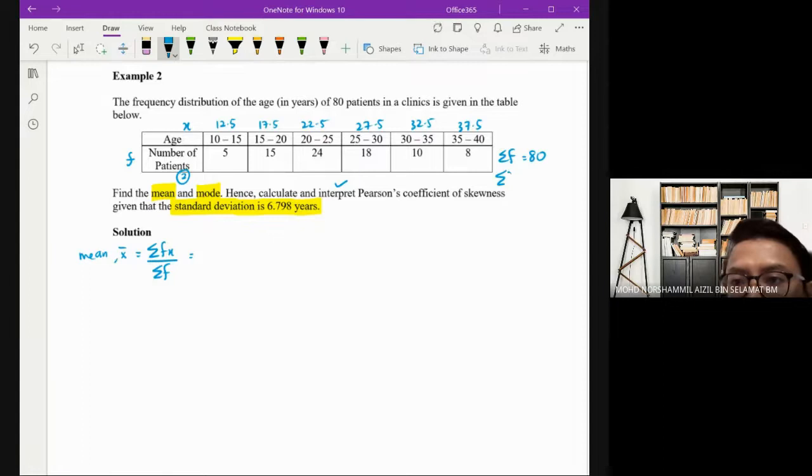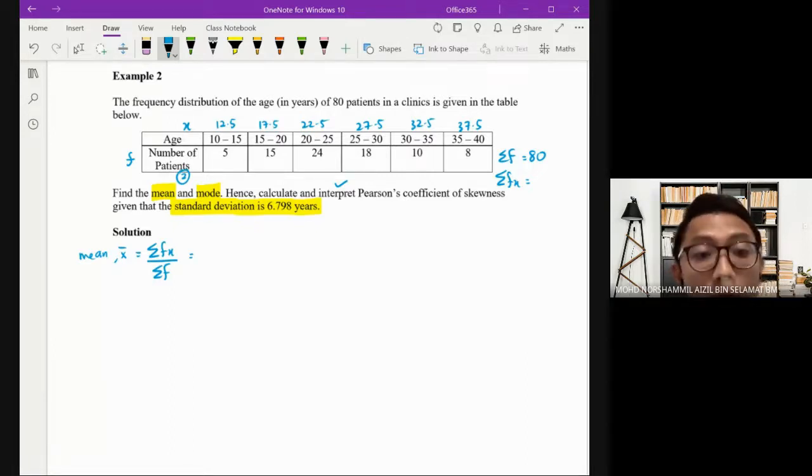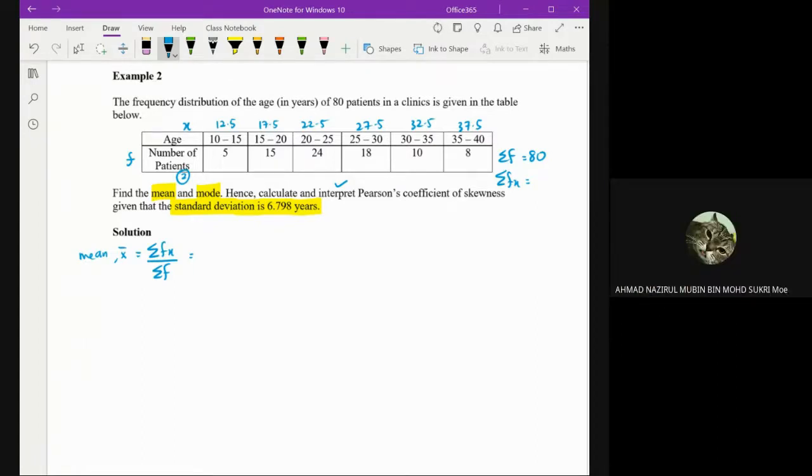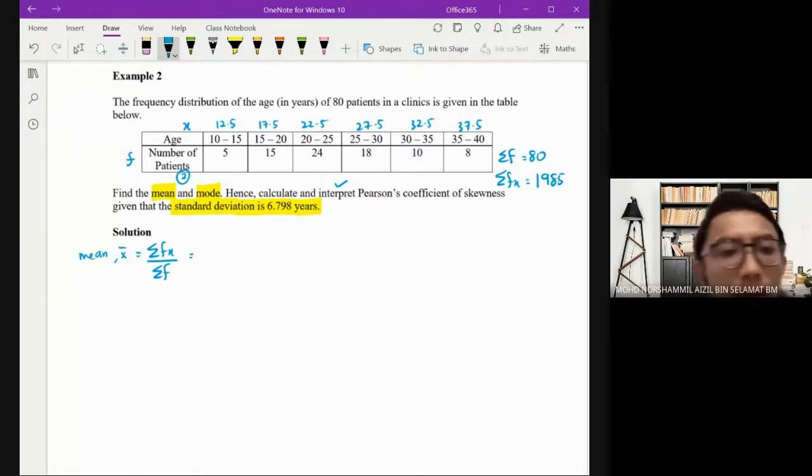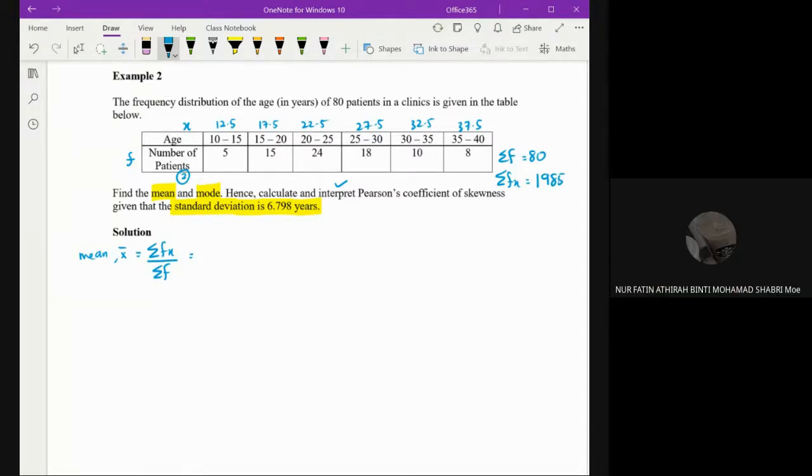Therefore, we still need to calculate sum fx. Multiply every x with the corresponding f and then add all together to get sum fx. 1985.